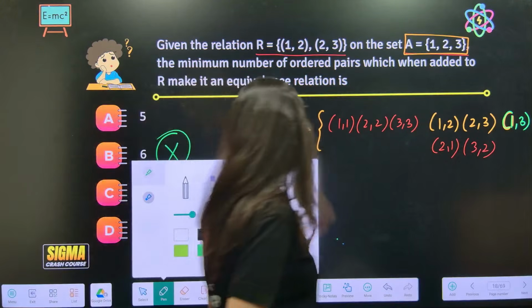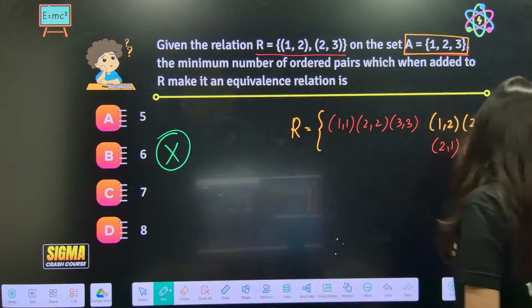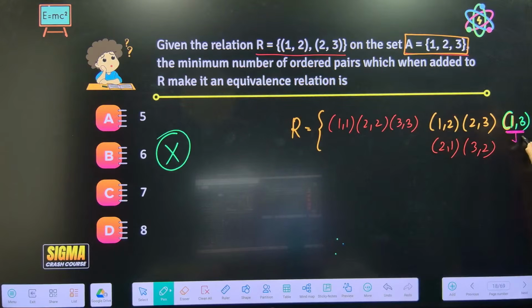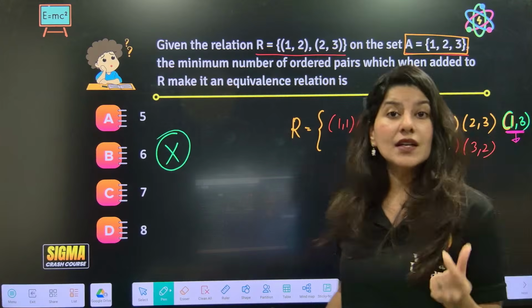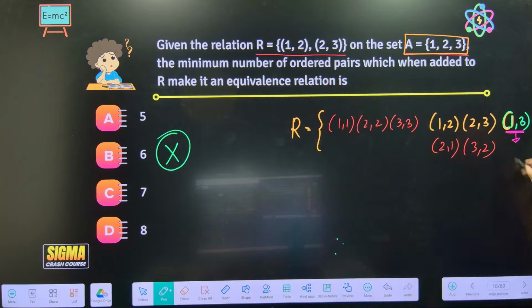Why? Because let me tell you, the moment you are adding this 1 comma 3, you are disturbing the symmetry also. If you are adding 1 comma 3, can you see 3 comma 1? Right? 3 comma 1. Okay, so we need this also.